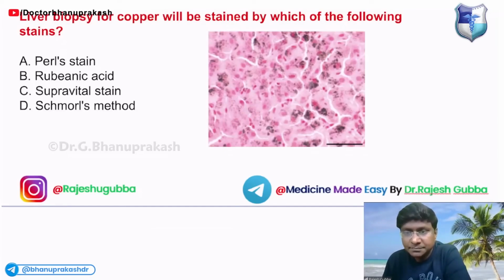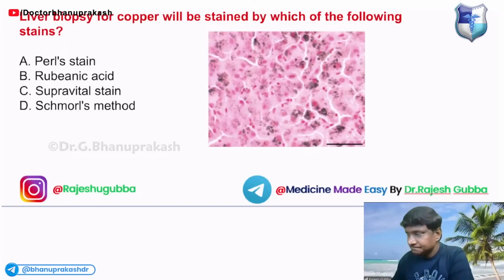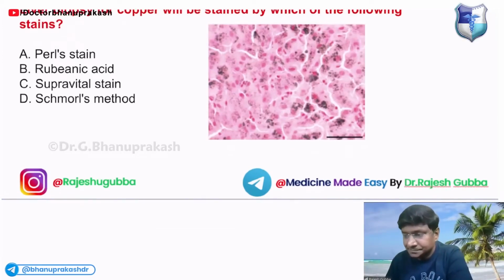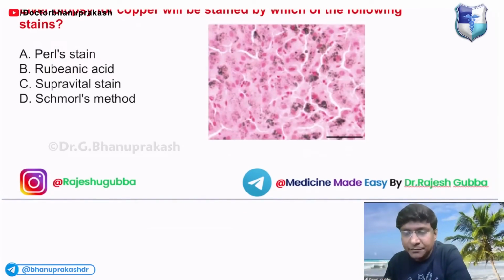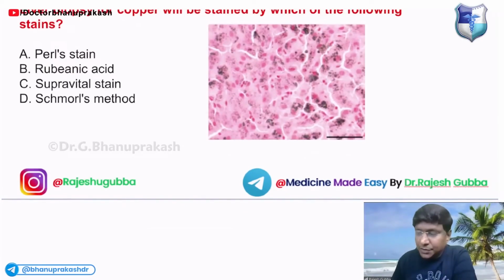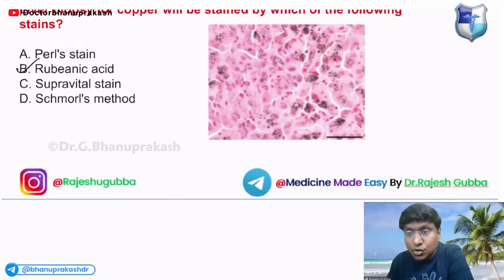Pearl stain, Rubeanic stain, supravital stain, Schmorl's method. Very good. For liver biopsy for copper, the stain that we use is rubeanic acid.